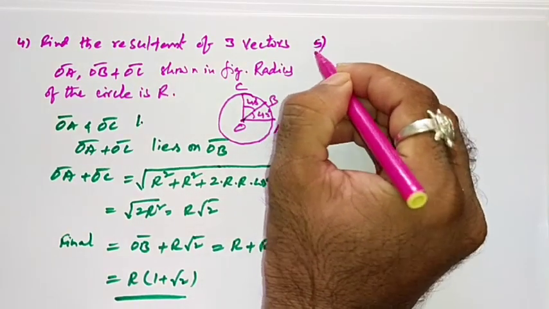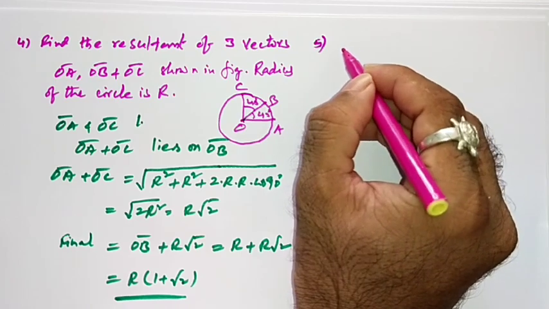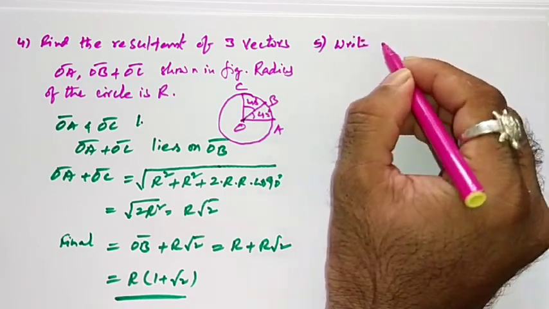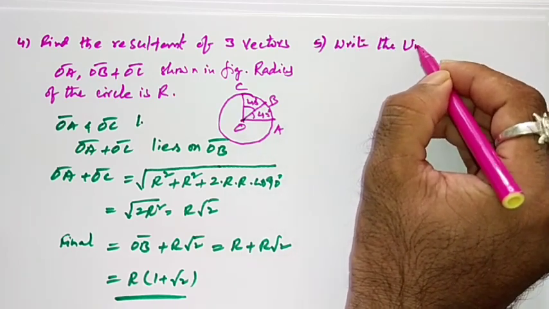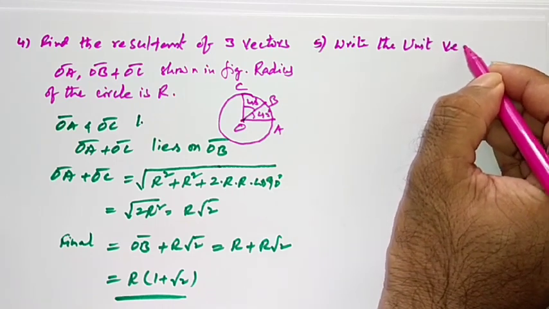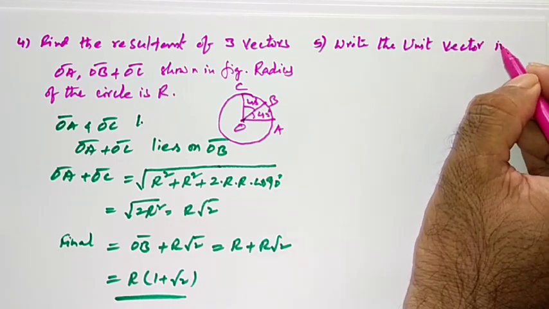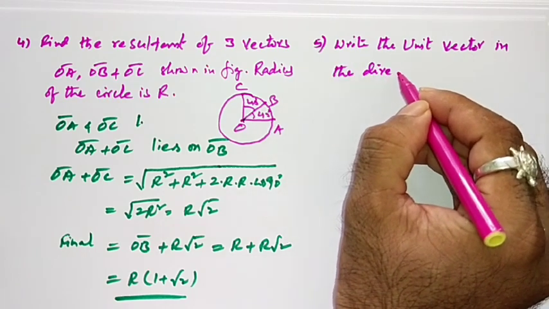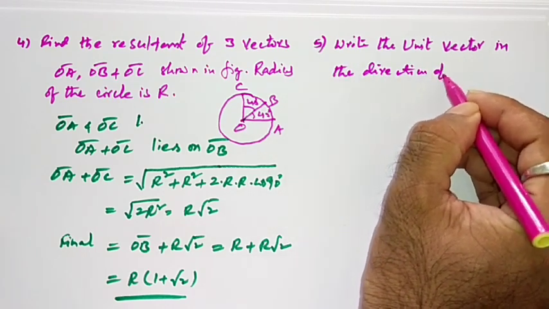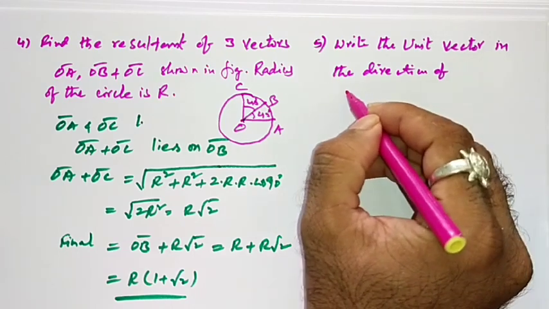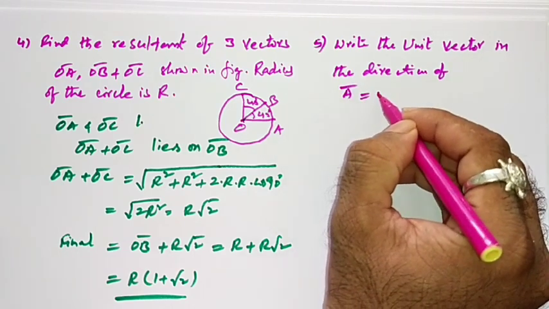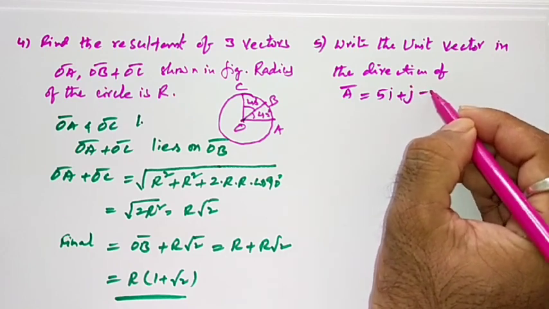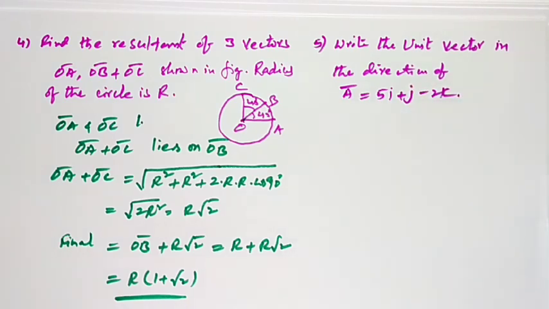Now, fifth question: write the unit vector in the direction of vector A, which is given as 5i plus j minus 2k. It's very simple.